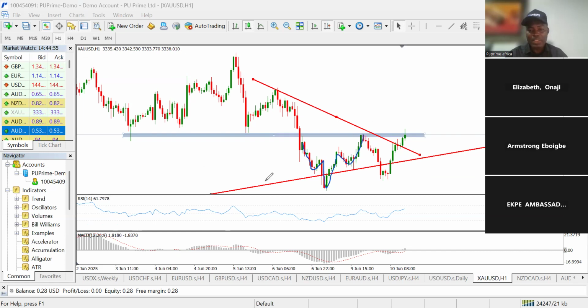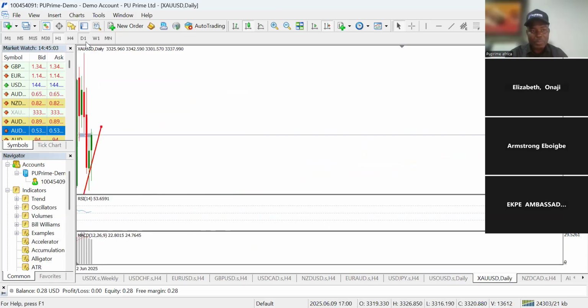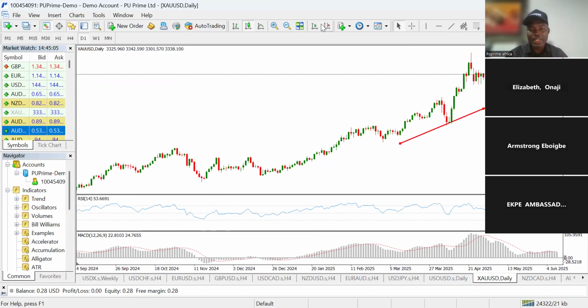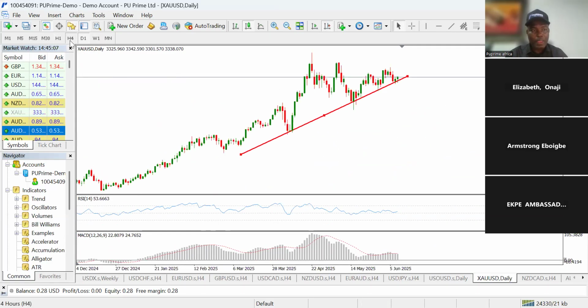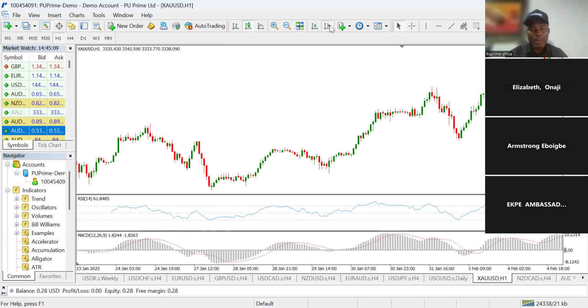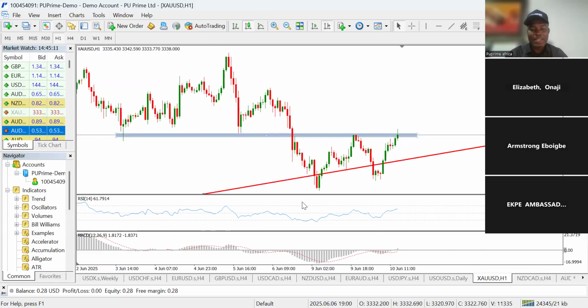But currently, this is what is happening on gold. Gold is trading at a critical level. On the daily time frame, we still have that uptrend outlook. However, on the 1 hour, price is trading around a support turned resistance, and the current 1 hour candle is a rejection candle.